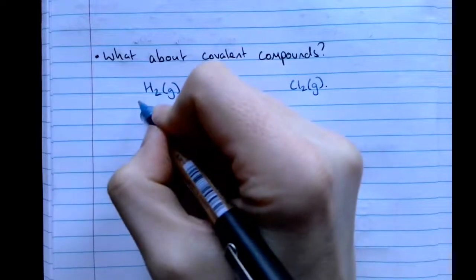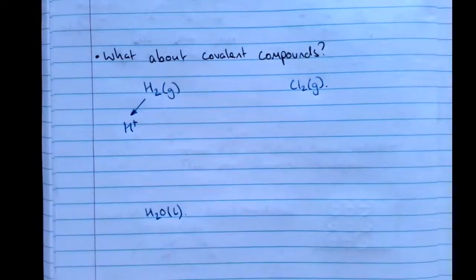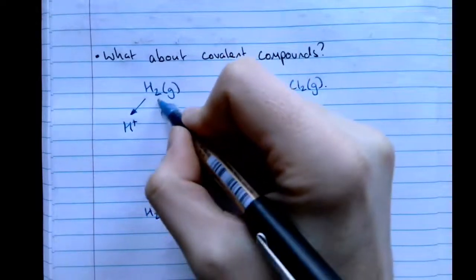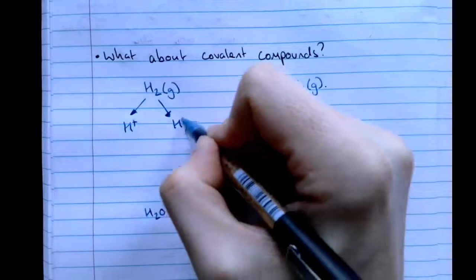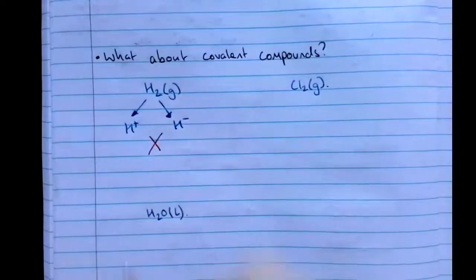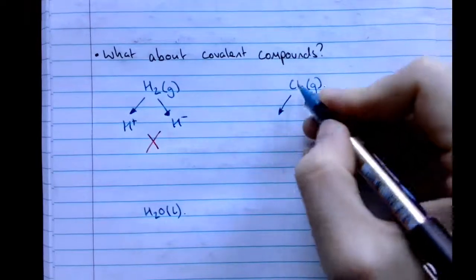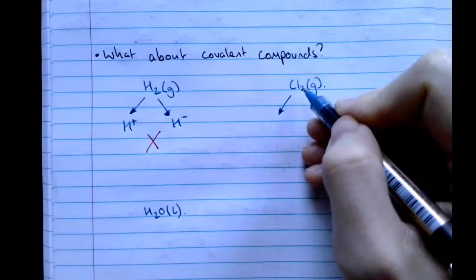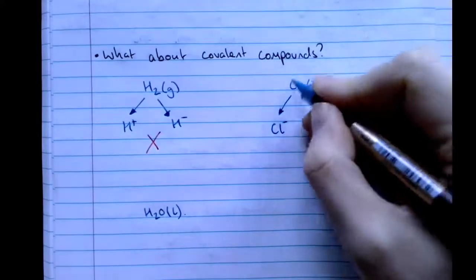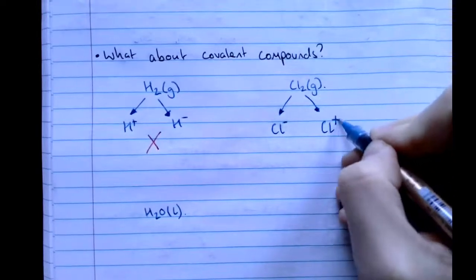So let's just suppose I was to separate this into H plus. Well, that would mean that because this is a neutral molecule and I've got H plus here, I would have to separate this into H minus. And we know that that doesn't happen. Okay? Likewise, up here, if we separated it into, well, chlorine is in group 7, so it would form a Cl minus ion. If that happened, well, this is neutral and this is negative, so this would need to be Cl positive.